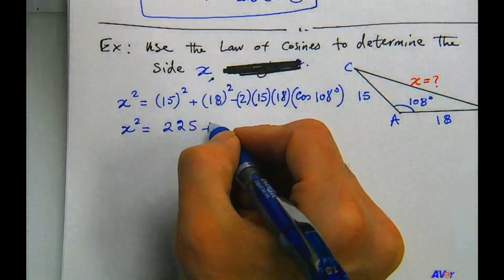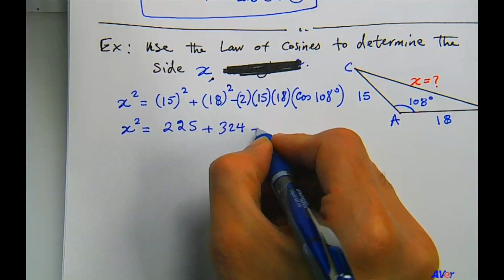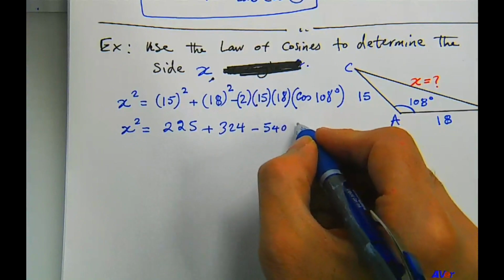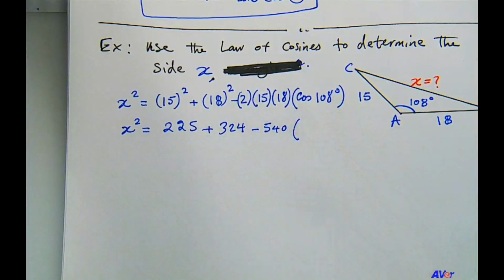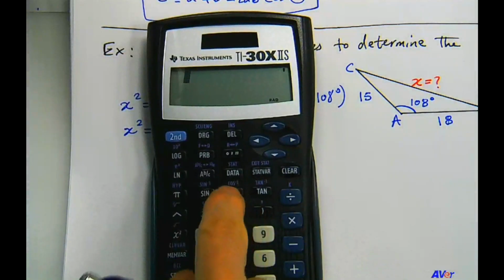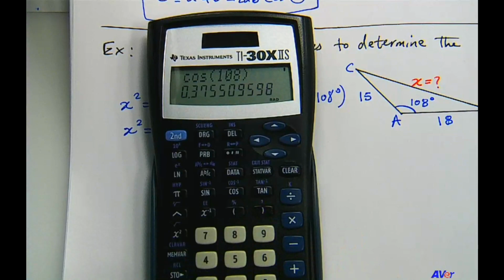Plus 18 squared is 324 minus all of that, 540 times cosine of 108 degrees. I want to double check my number on that. So cosine of 108, and we have that.